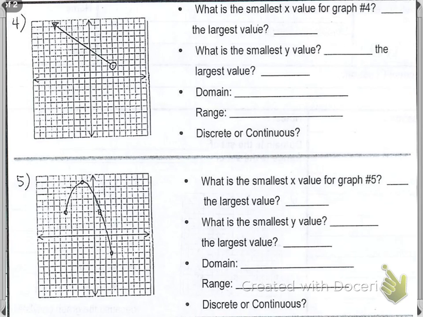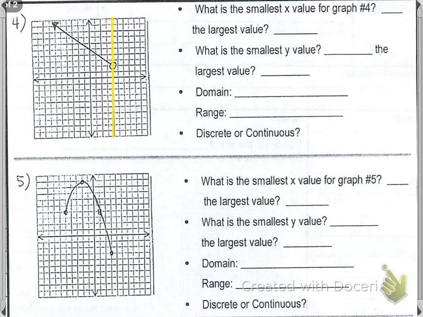Let's look at number 4. What is the smallest x value for the graph of number 4? So I'm going to go to my x value. And here's 1, right? Can I draw a line on the end of this one? No, why not?